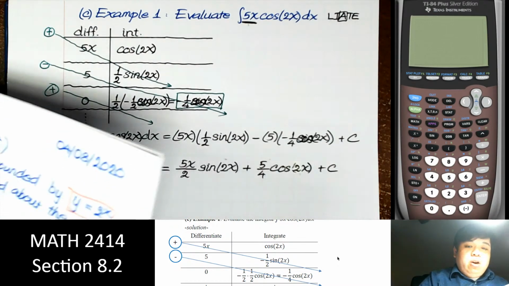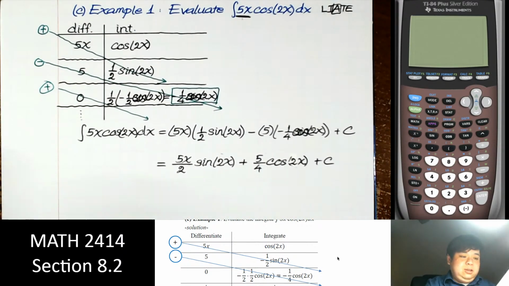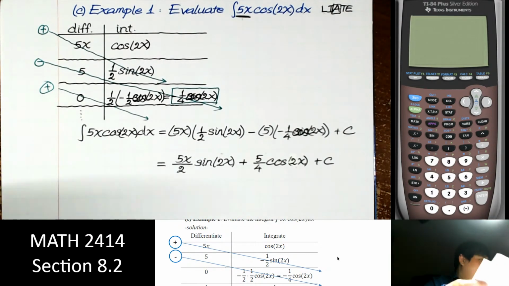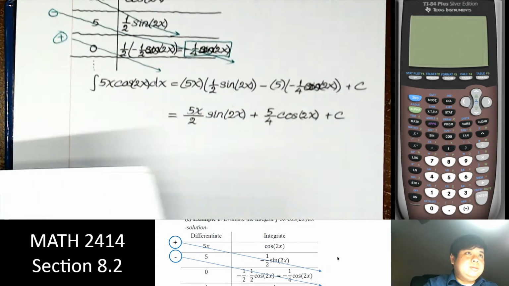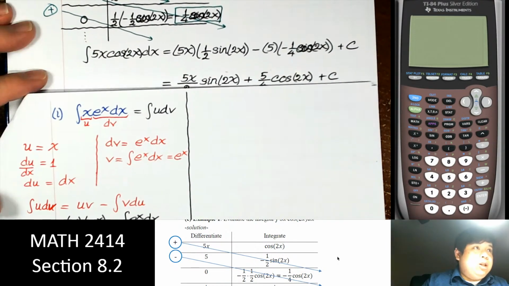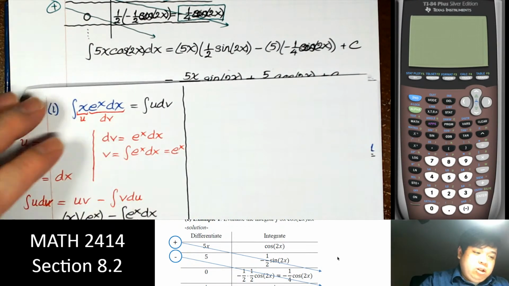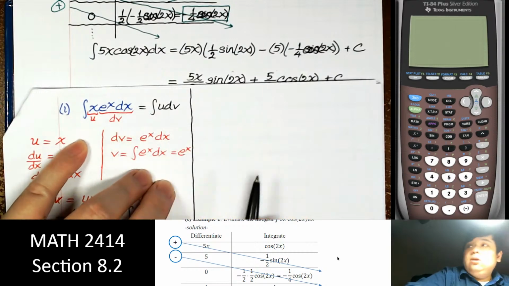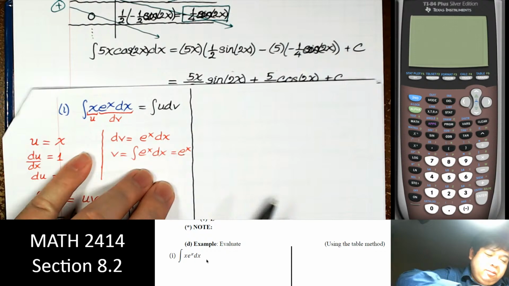Now go back to the note from last time. Right. What I have from the last page, from the note from last time. We evaluate this integral. Now we use the table. Last time we used integration by parts and we used the formula. Now this time we just use the table. And that example, of course, is here from last time.